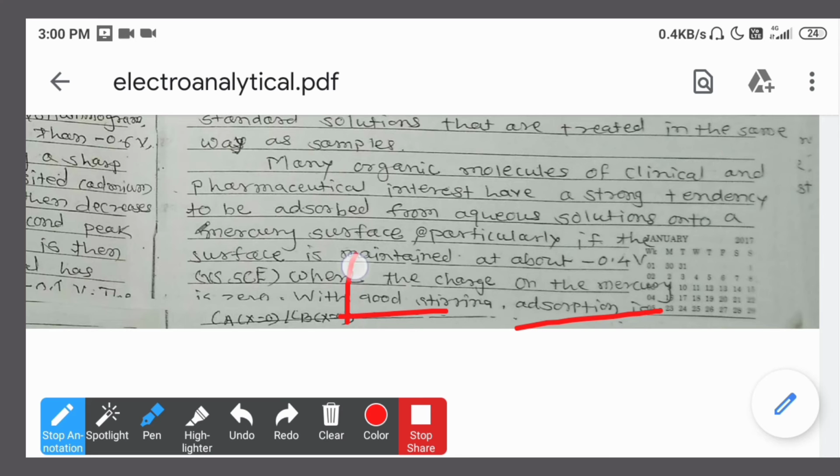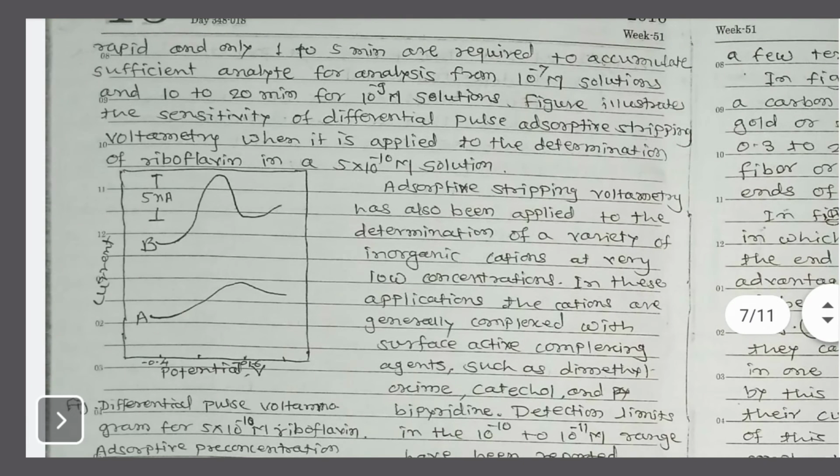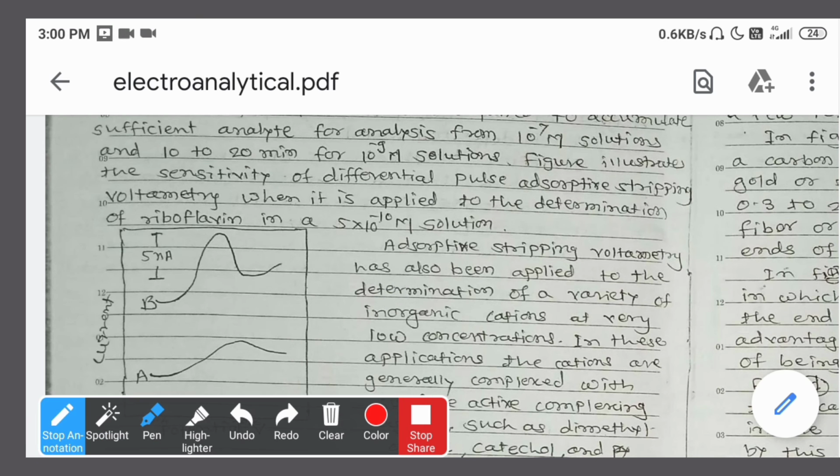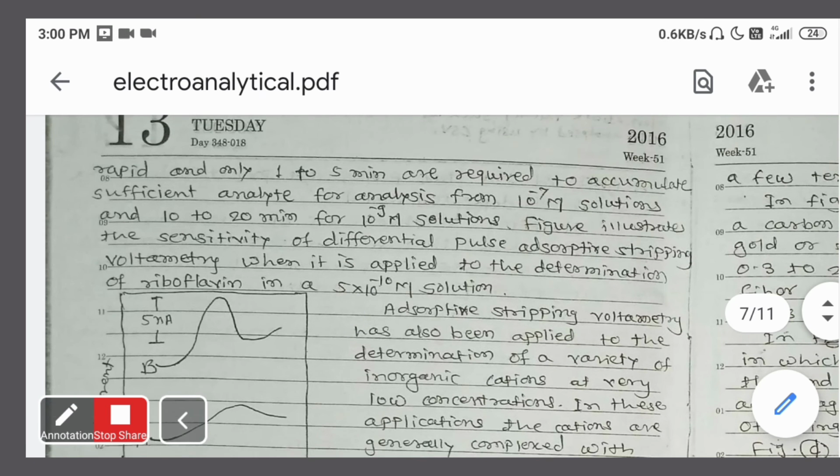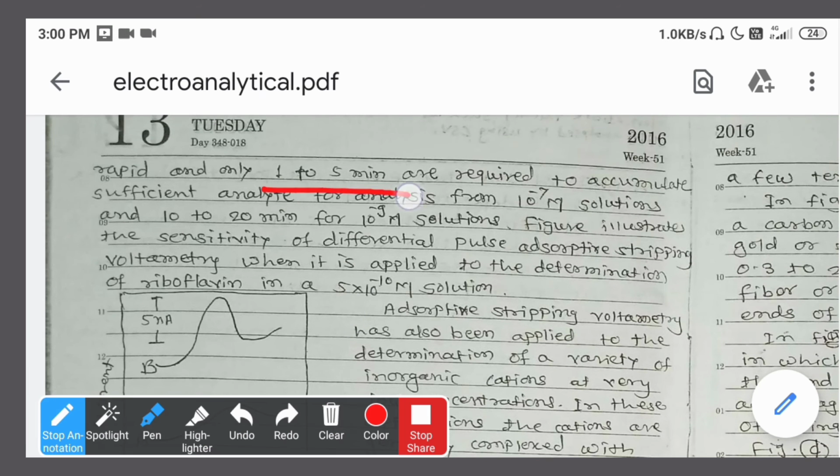So the rate depends upon how reproducible the stirring is in the sample. Stirring for around 1 to 5 minutes is required for accumulation of analyte at about 10 raised to minus 7 molar, and for 10 raised to minus 9 molar we require 10 to 20 minutes of stirring.